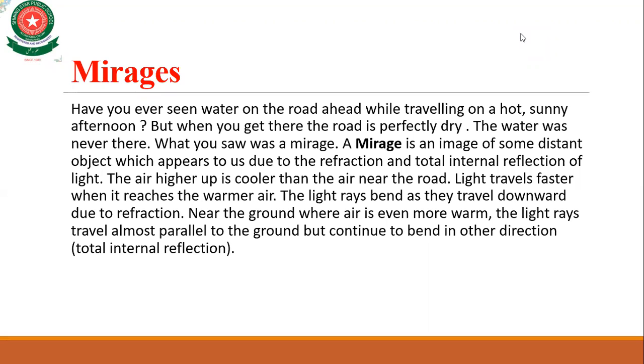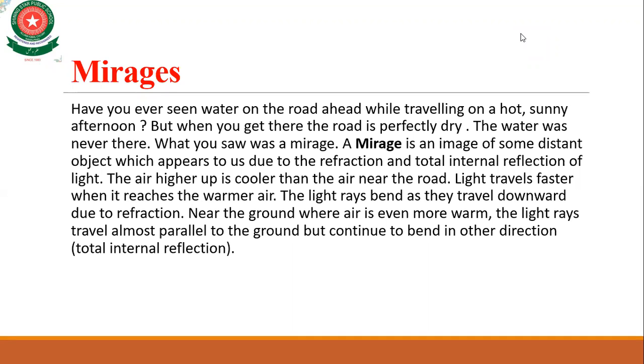We know that the air higher up is cooler than the air near the road, because the temperature of the road surface is so high. So the air around the road is high in temperature. Now light travels faster when it reaches the warmer air. So the light rays bend as they travel downward.